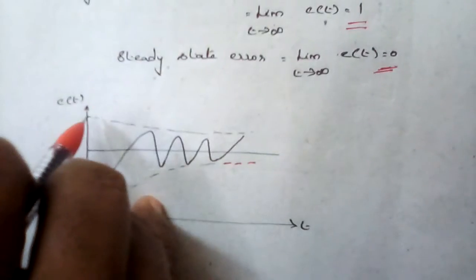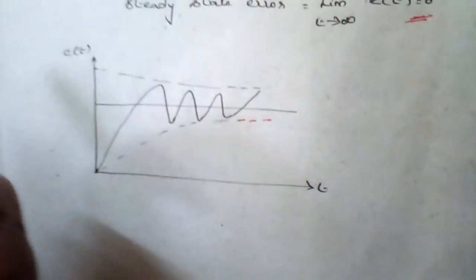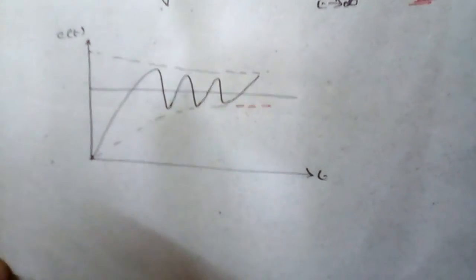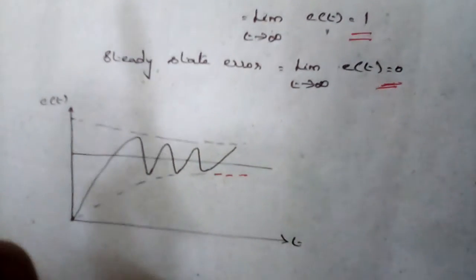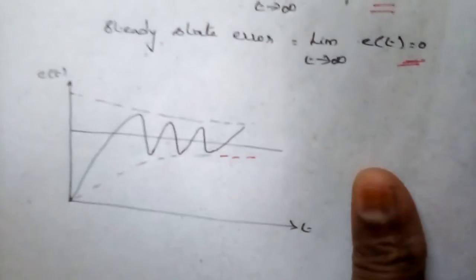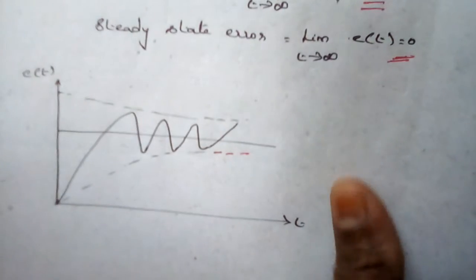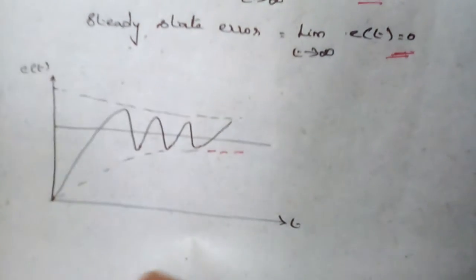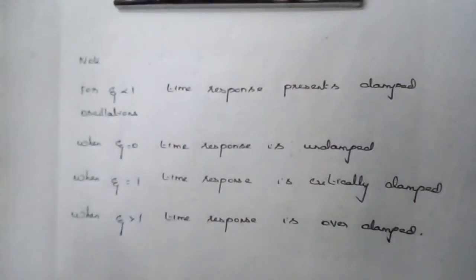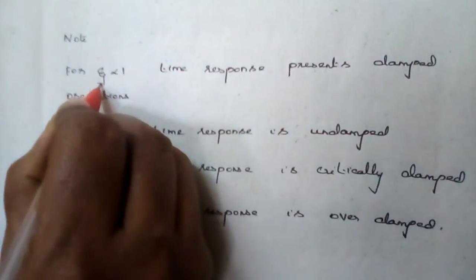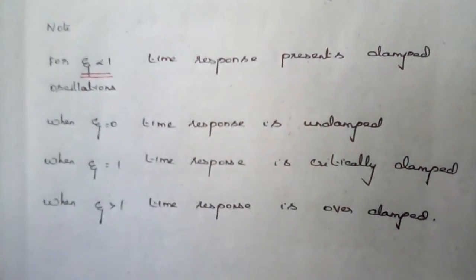In order to know about the time response of the second order system, so far we have evaluated all those things with respect to the standard form of the second order system. Another important thing relevant to the second order system, whatever the type of input, that we need to remember is the damping ratio with respect to the time response.